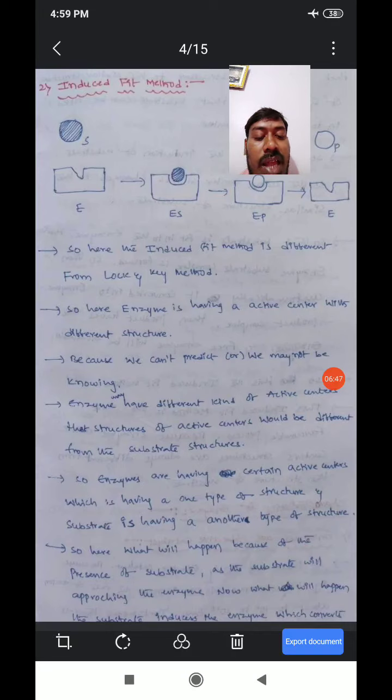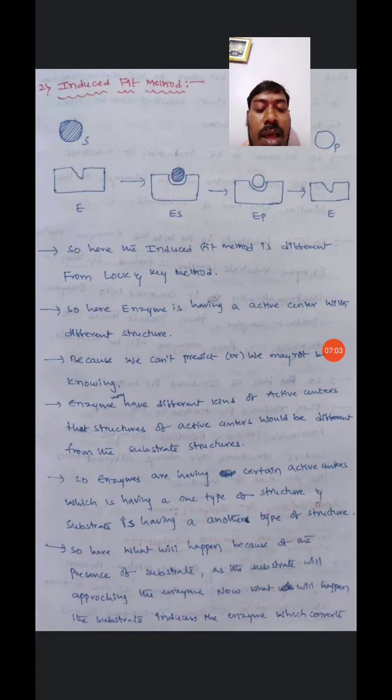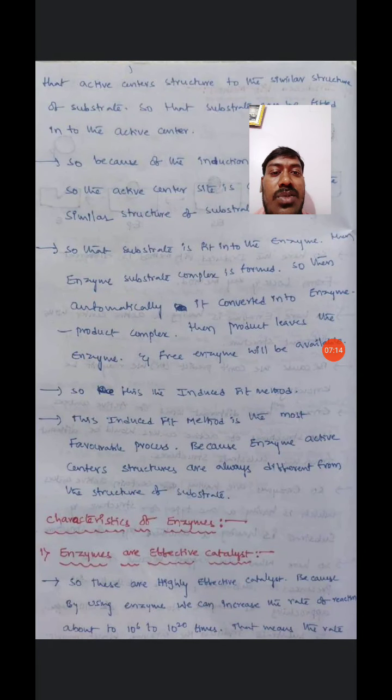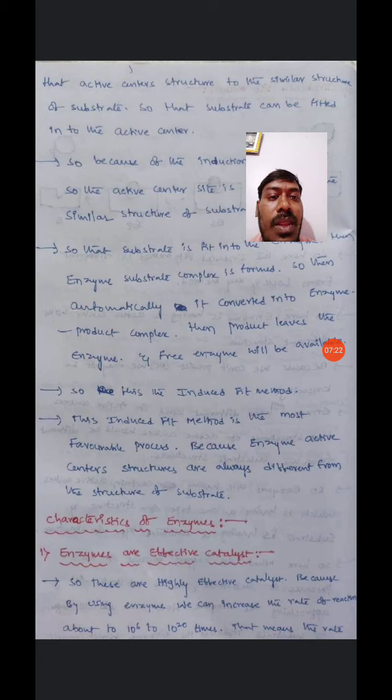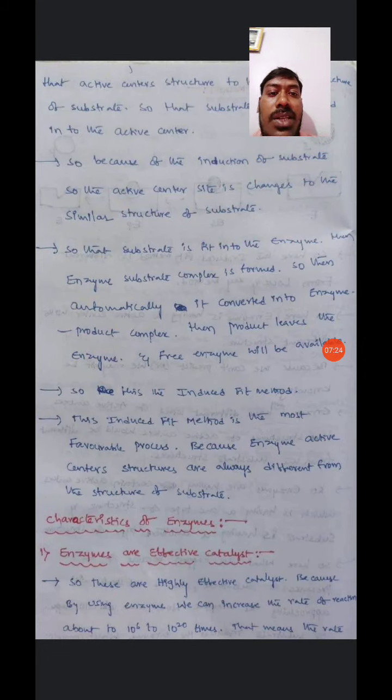So here what will happen is, because of the presence of substrate, as the substrate approaches the enzyme, the substrate induces the enzyme so that the active center is converted to a structure similar to the substrate, so that the substrate can be fitted into the active center.